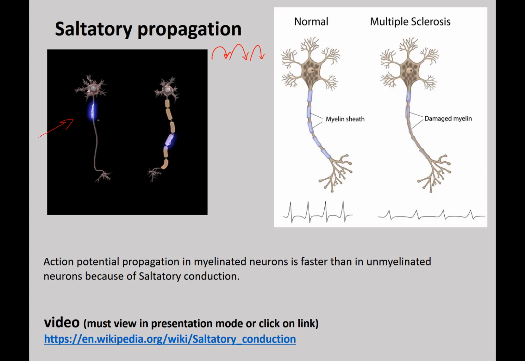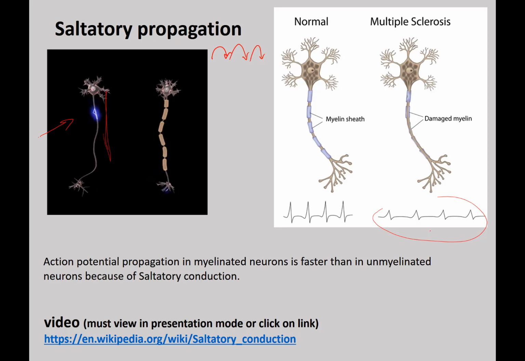And so what's happening is these people are having slowed conduction. You can see even the action potentials are much more dispersed and much lower. And so you have the symptoms of multiple sclerosis where you don't have muscle control because the nerves aren't able to send the signals like they normally could.